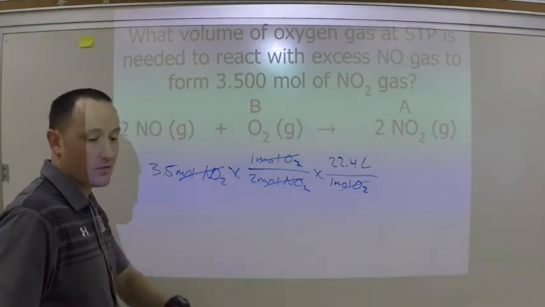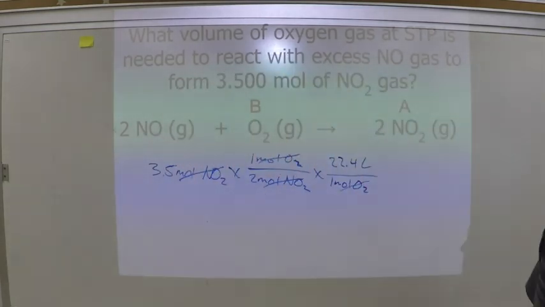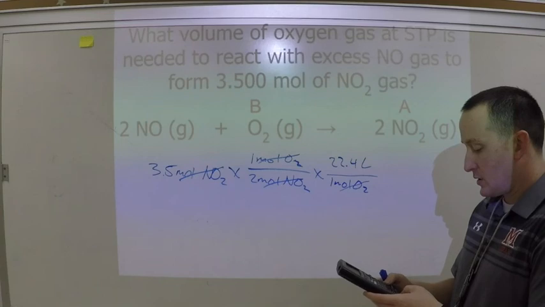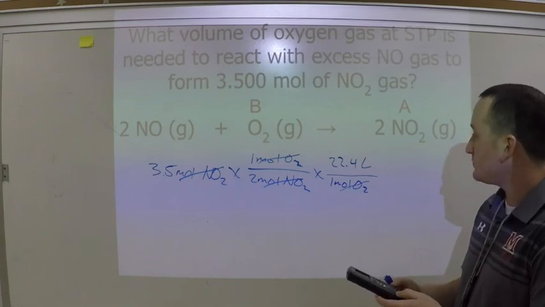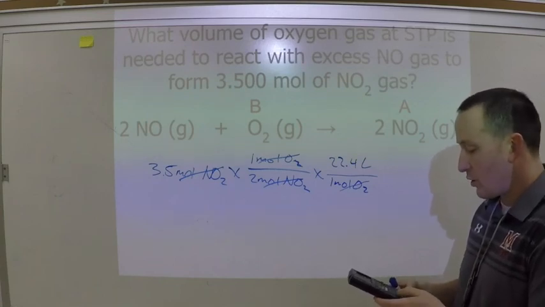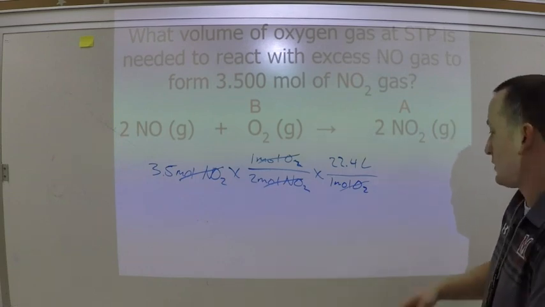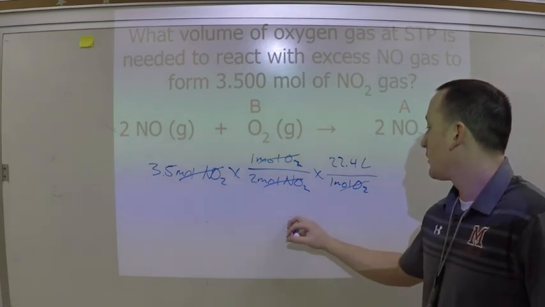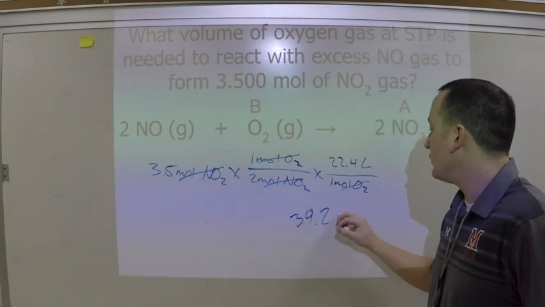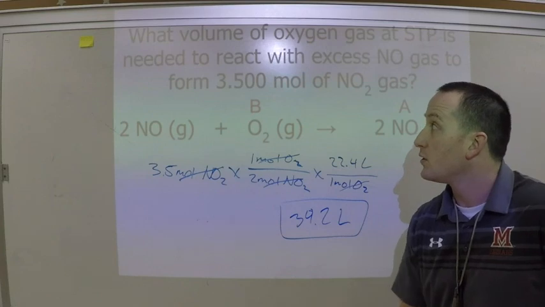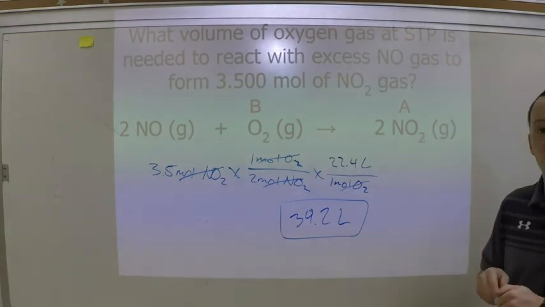And again, those 1s don't have any effect on our number. So I've got 3.5 divided by 2 times 22.4. So my answer should be 39.2 liters should be my volume of oxygen gas.